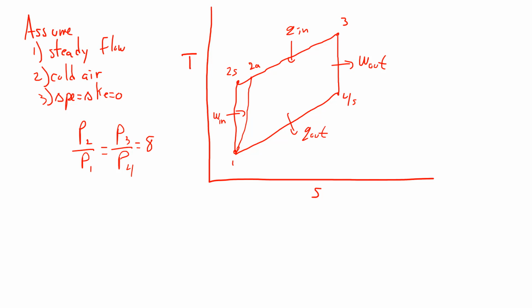Same thing from state 3 down to state 4A, the actual outlet of the turbine, where there's also entropy production. Now I'll write in that they give us the temperature at state 1, which is 310 Kelvin, and the temperature at state 3, which is 1160 Kelvin.